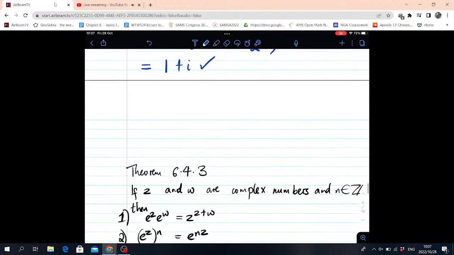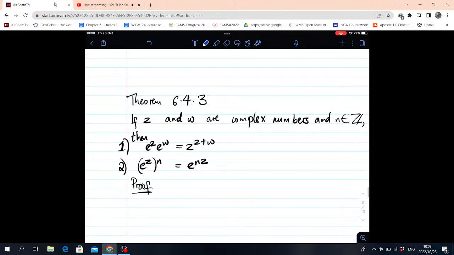This is theorem 6.4.3 in the textbook, and it says, if z and w are complex numbers and n is an integer, then e to the z times e to the w is going to be equal to e to the z plus w, which is what we would expect if you're dealing with real numbers: you've got e to the x times e to the y, you expect it to be equal to e to the x plus y.